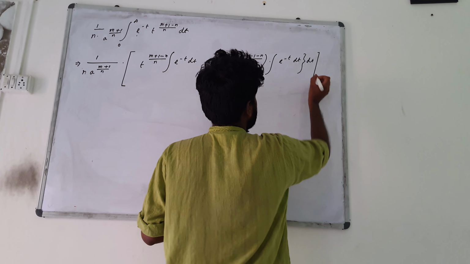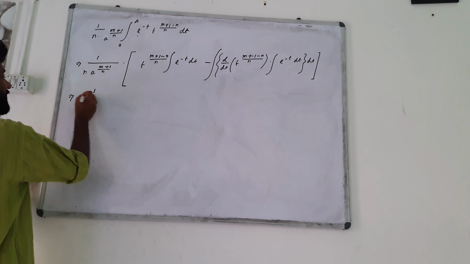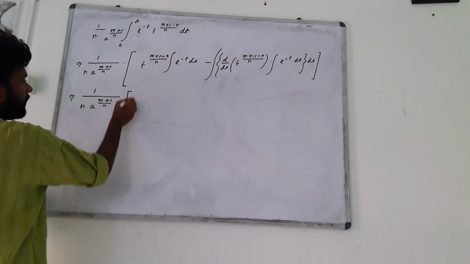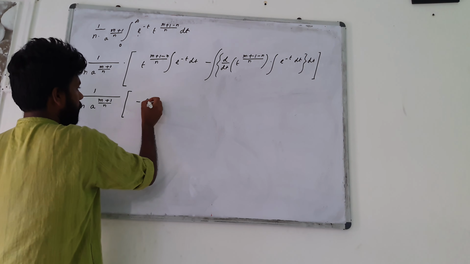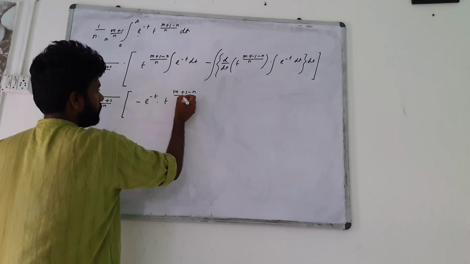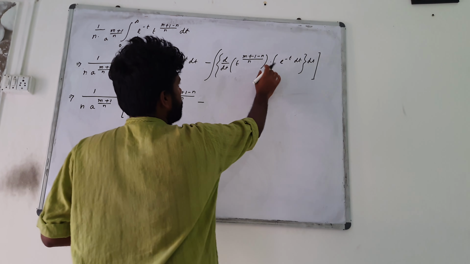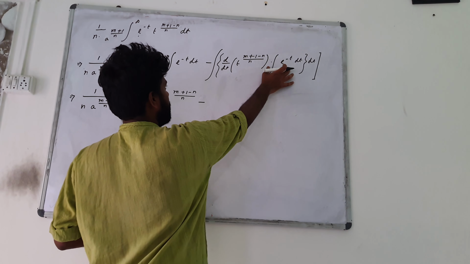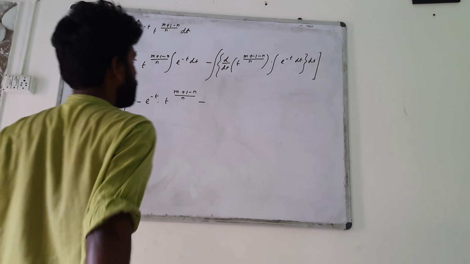So it is a by parts process. So what will happen is minus e power minus t, t power m plus 1 minus n by n. And then if we solve this integral, there is a minus sign, and if we extract this minus sign, so minus and then minus, ultimately plus.